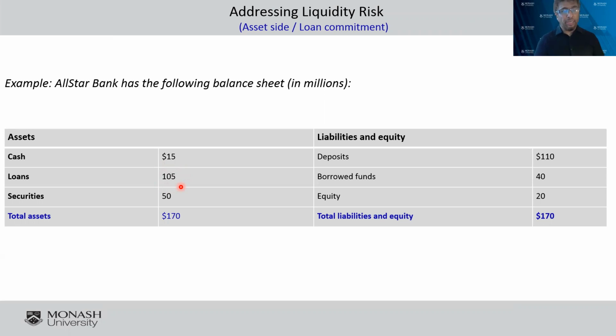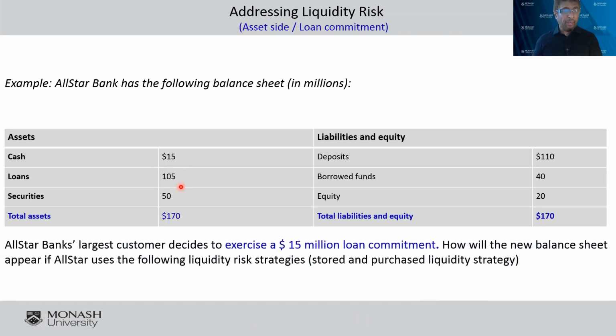Now, this is coming through a loan commitment. Let's see how it happens. All Star Bank's largest customer decided to exercise a 15 million loan commitment, which means the asset side will increase by 15. How am I going to finance this? I can finance it from the asset side, or I can finance it from the liability side.